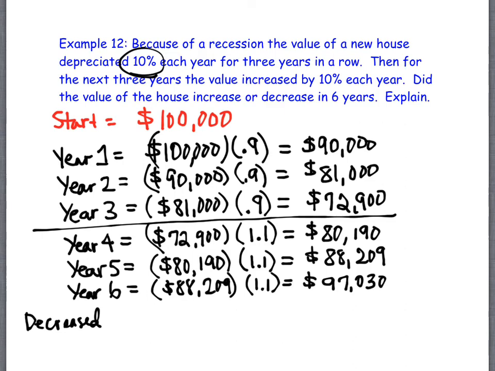So how could we find out what percentage this house decreased by? Set up a proportion. All right, so what's my proportion setup going to look like? All right, so 97,030 over 100,000, X over 100.